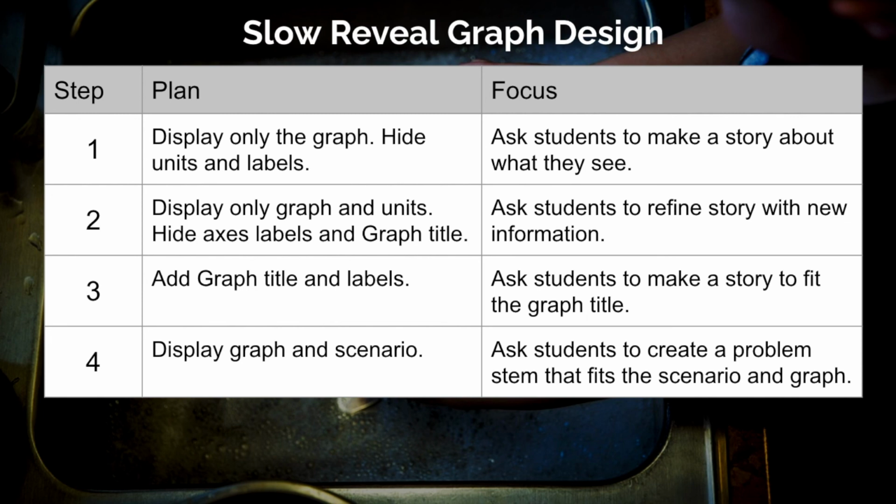Ask the students to make a new story to fit the graph title and all the new information. And step 4, display the graph and the given scenario because we're going to ask students to create their own problems that would fit the scenario and graph data presented. This is the basic plan to create your own slow reveal graphs for your students.